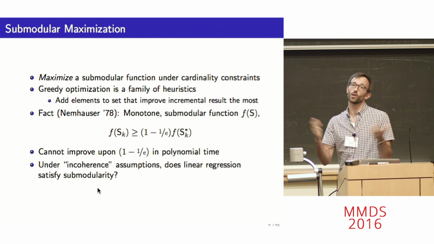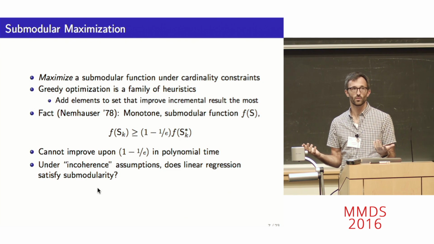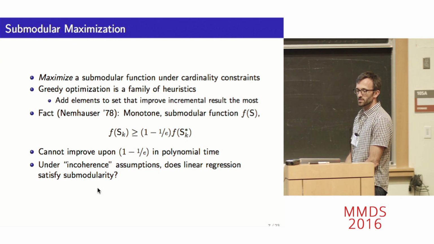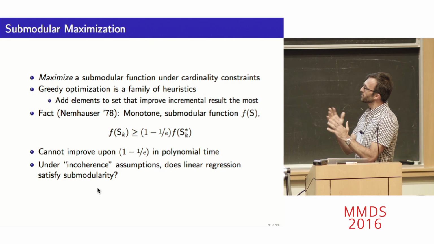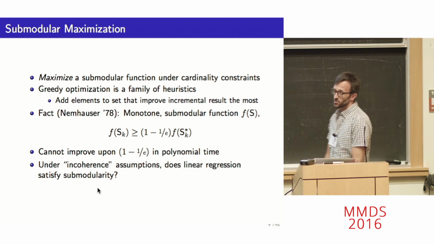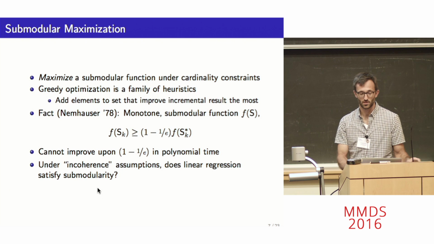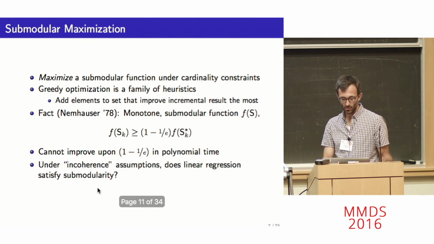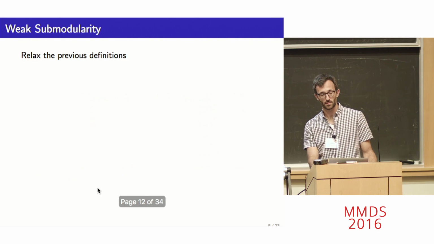But if they were all orthogonal, then it's clear that a greedy method would be optimal. So there's something called incoherence, which tries to get at this property that you don't have too many well-aligned columns of your matrix. But it turns out that this is not enough to make linear regression into a submodular problem. So we need to do something.